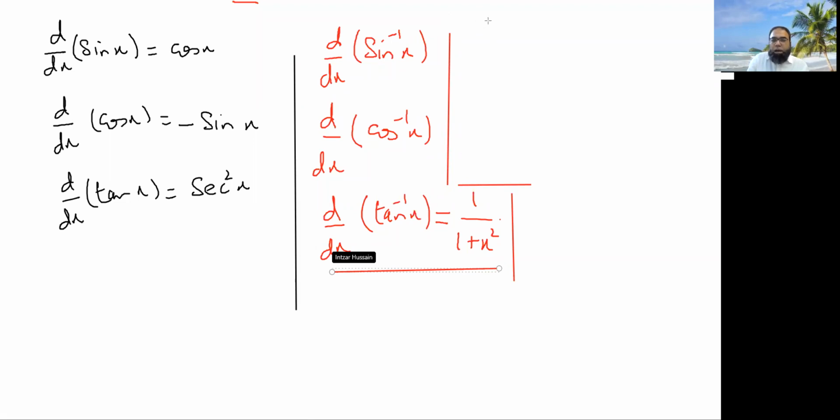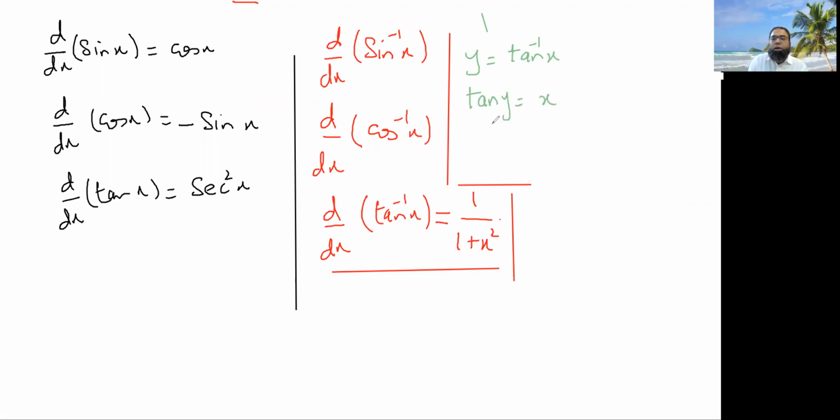Now suppose you want to learn why it is so. So you have y equal to tan inverse of x, and you want to know what is dy by dx. Now, can I write this as tan y equal to x?